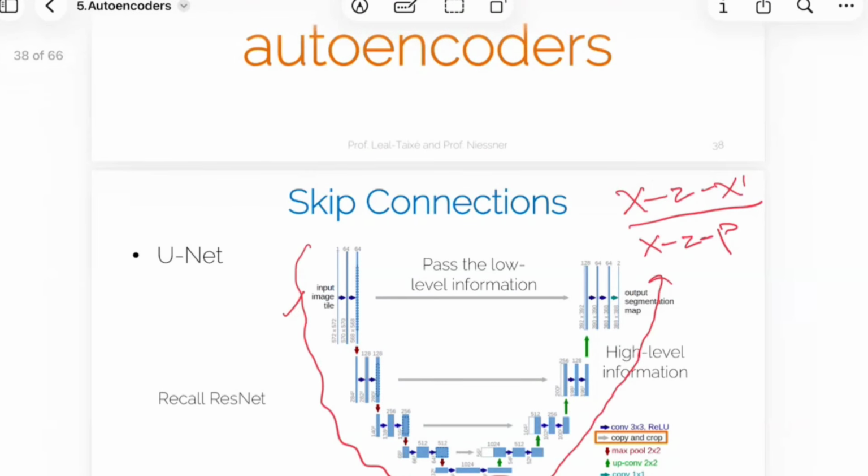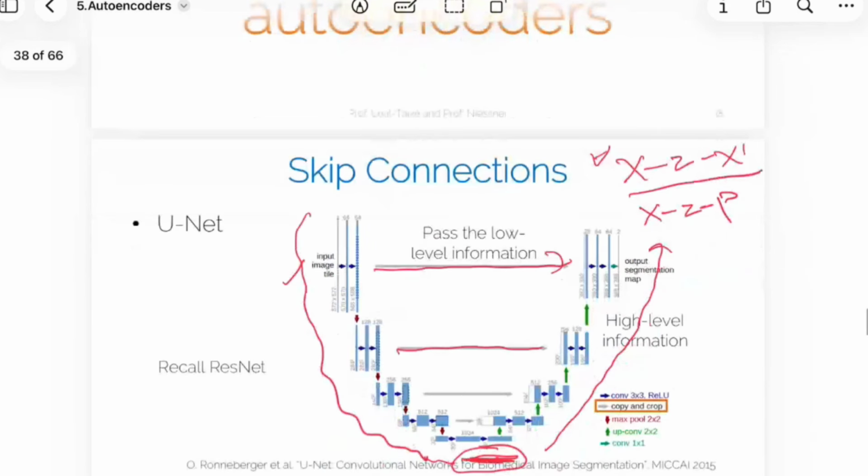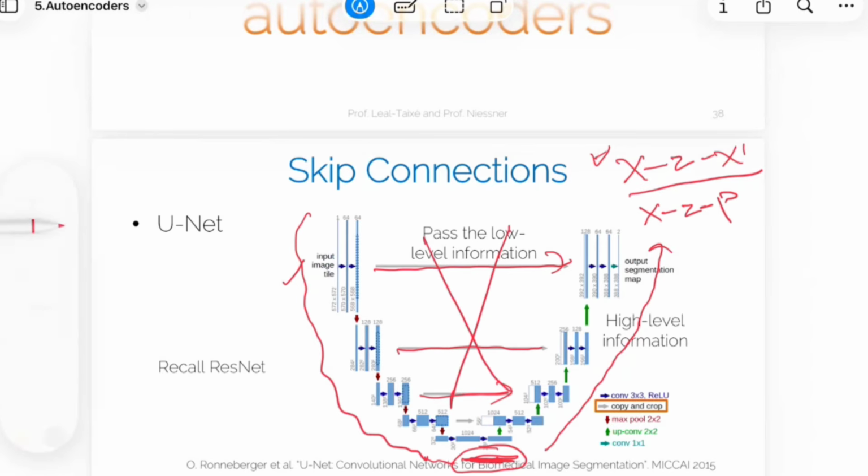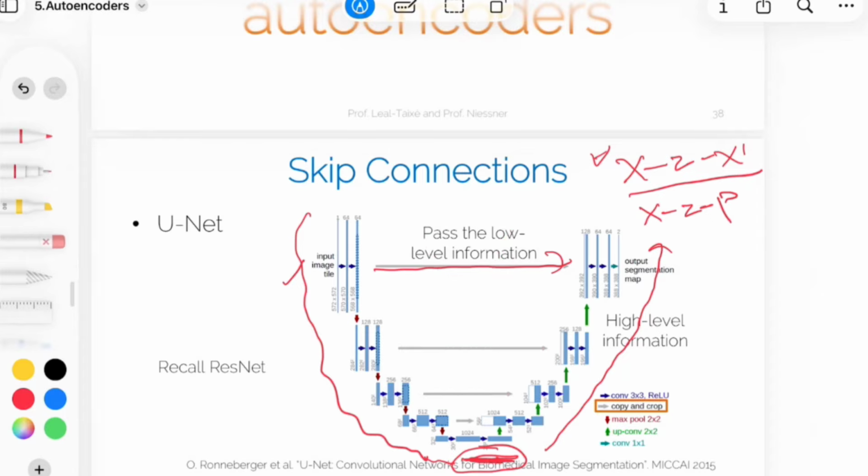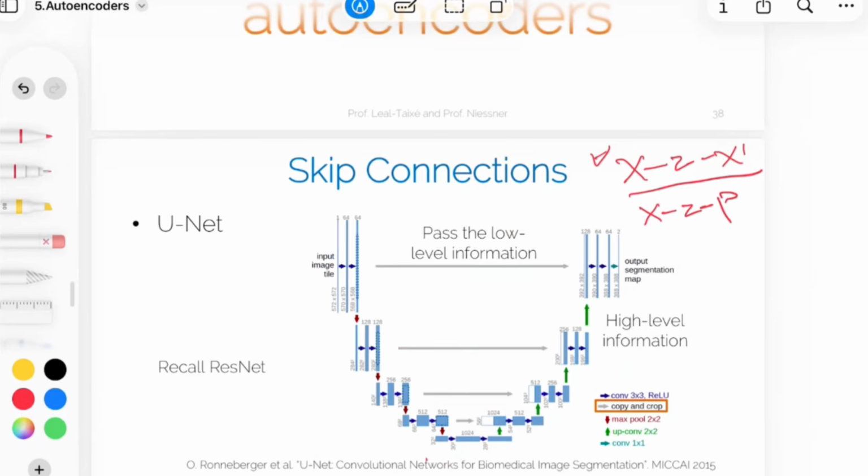Now, the different part in this case was this bypass route. This is called a skip connection. In the simple encoder decoder setup, this was not there. They added it, and they found that it gives very promising results compared to the state of the art.